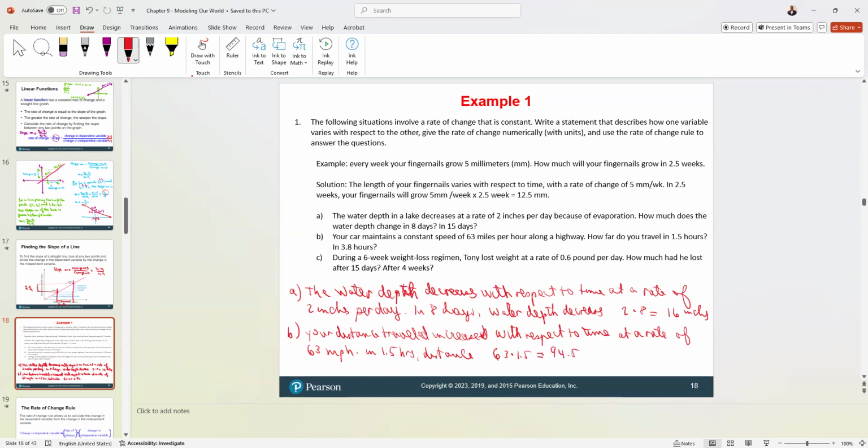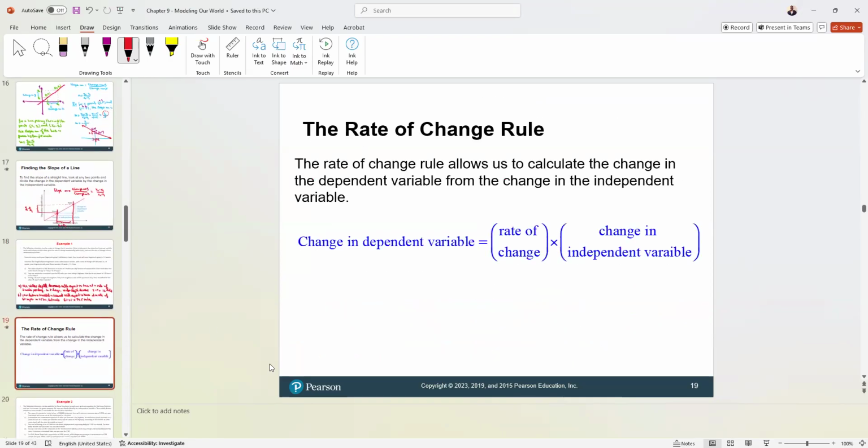I only do one for you to see: in 1.5 hours, you travel 94.5 miles. I'll let you enjoy doing the last examples. That was very important to understand: one variable expressed as a function of the other, the dependent and independent variable, and what they mean.